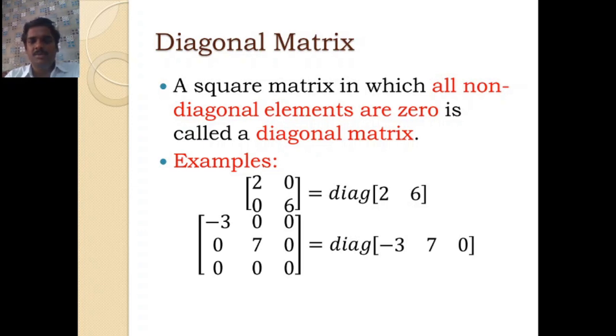There is one more notation which is used, which I have mentioned in this example, DIAG 2 6. There are two elements, that means I'm talking about a diagonal matrix of order 2 with the diagonal entries 2 and 6. And the second example I have written DIAG minus 3 7 0. That means that's a diagonal matrix of order 3 with diagonal entries minus 3, 7, 0.